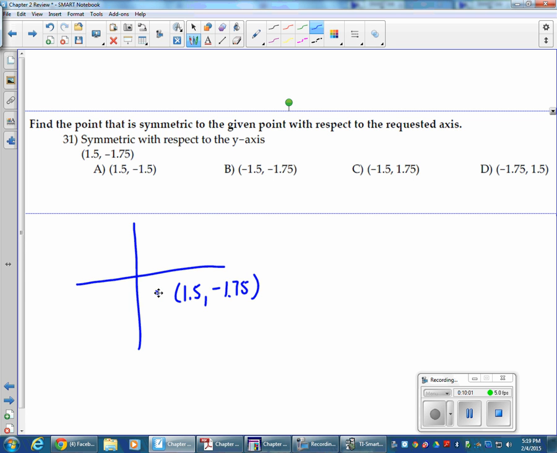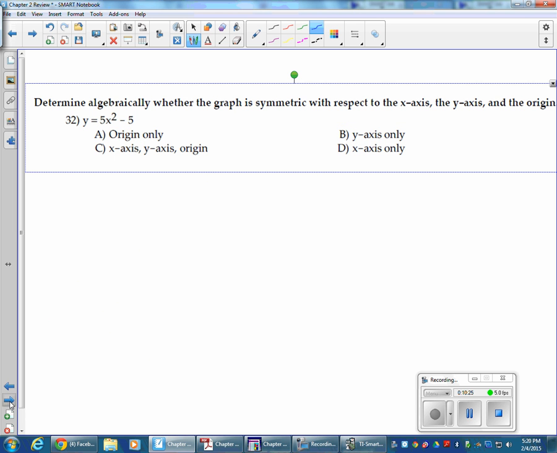If I want to reflect this over the y-axis, it's going to go right over here, which would change my x coordinate. Instead of 1.5, it's going to be negative 1.5. The y coordinate is still going to be negative 1.75. So it's negative 1.5, negative 1.75. B.